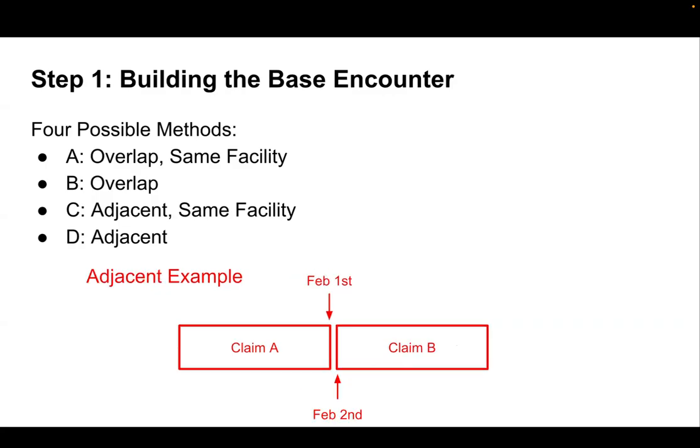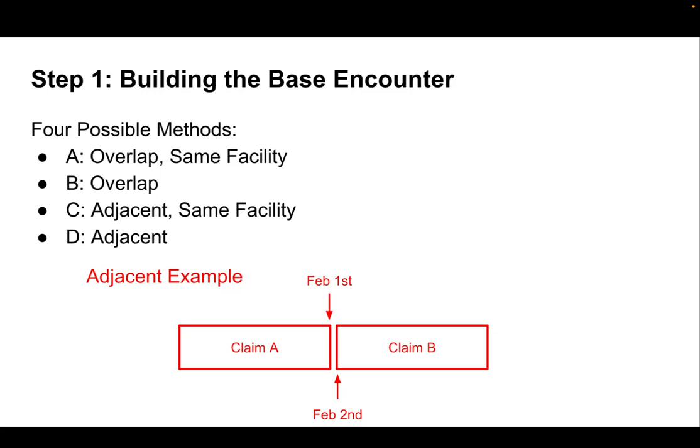To take an example of an adjacent claim, adjacent means the 2 claims are not touching. The end date of claim A in the adjacent example is February 1st. The start date for claim B is February 2nd. These 2 do not touch. So if we were going to use an overlap algorithm, either method A or method B, these claims would not be merged.